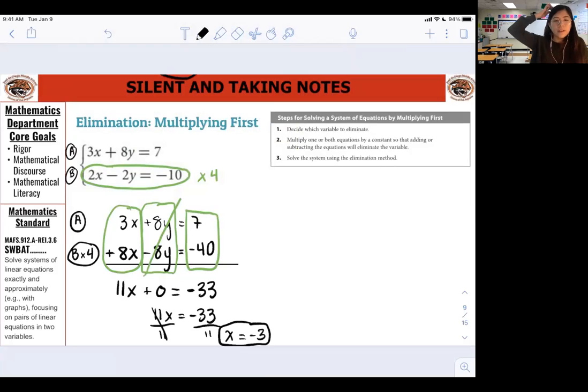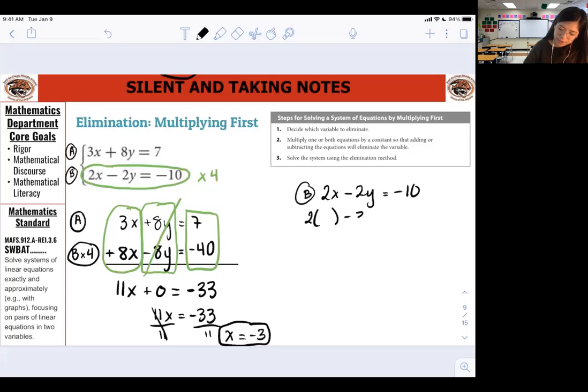Okay. Now we already know the next step is the same as always. I just go ahead and take my negative 3. Do you guys want me to plug it into equation A or B? B sounds good. A. So 2x minus 2y equals negative 10.